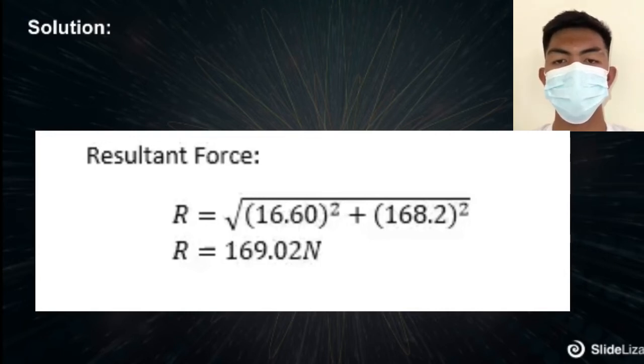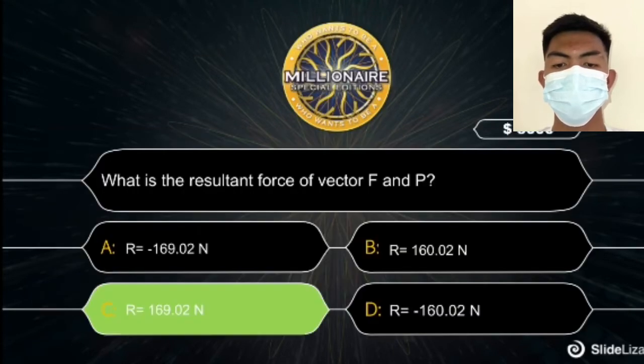Then we add the summation of force vertical, which is 168.2 N, then square it. After that, press the equal sign. The answer we get for the resultant force of F and P is 169.02 N.